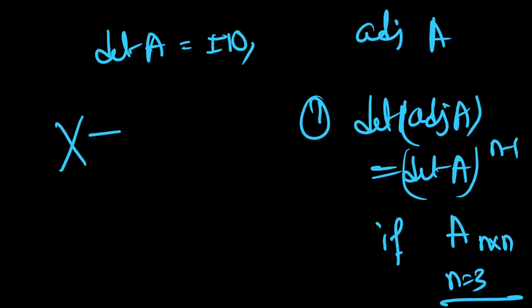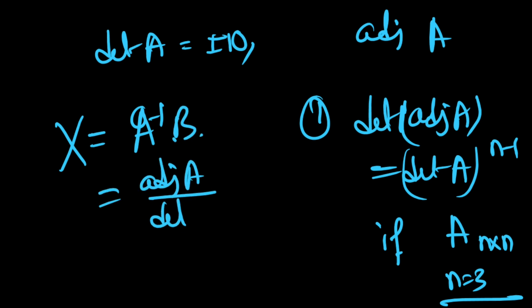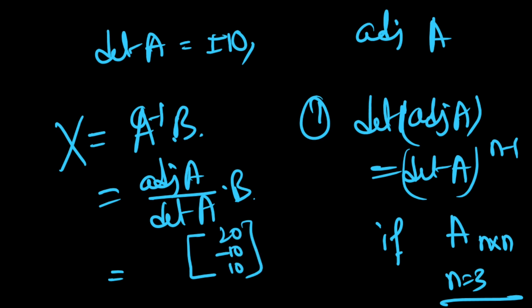Then X is equal to A inverse B, and A inverse is equal to the adjoint of A over the determinant of A, into B. We find the adjoint of A multiplied by the B matrix, and we get the matrix 20, minus 10, 10 over the determinant of A. Comparing with the matrix (x, y, z), x is the first element of this matrix over the determinant of A, and similarly y and z.